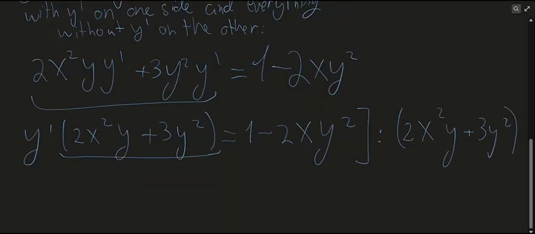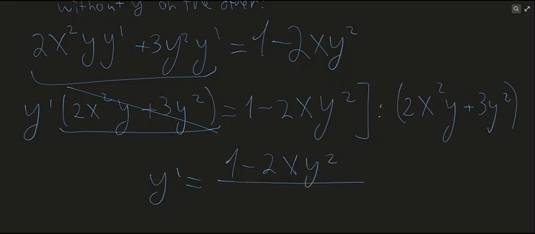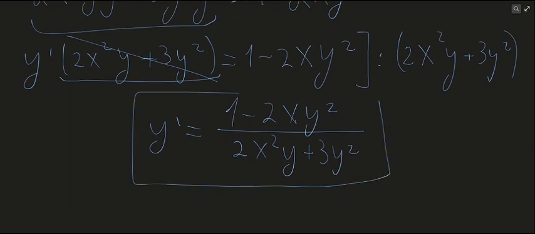So you literally kill this, in the non-violent sense, of course. That's going to give you y prime is equal to (1 minus 2xy squared) divided by (2x squared y plus 3y squared). And that seems like a perfectly valid final answer to put in a box.